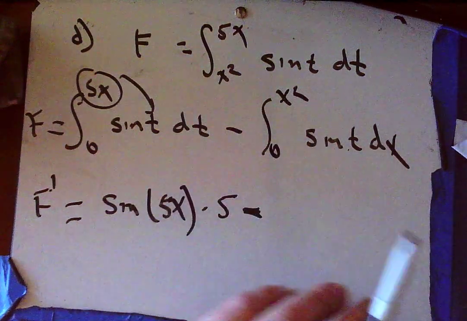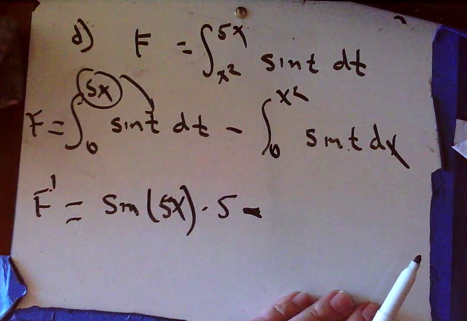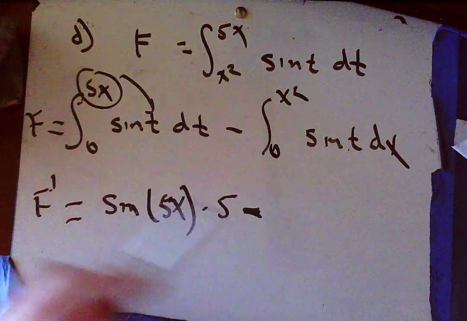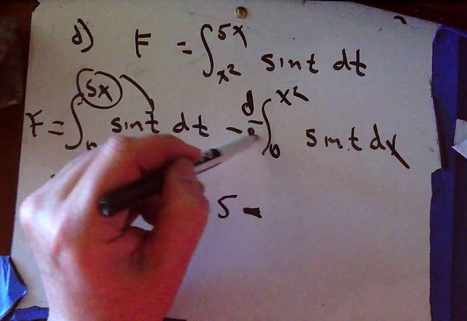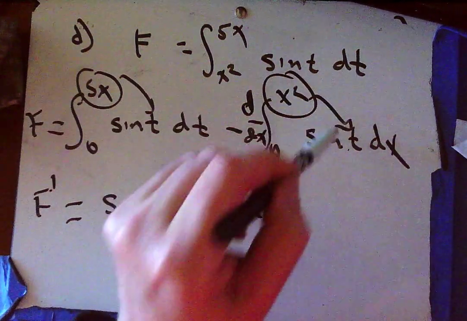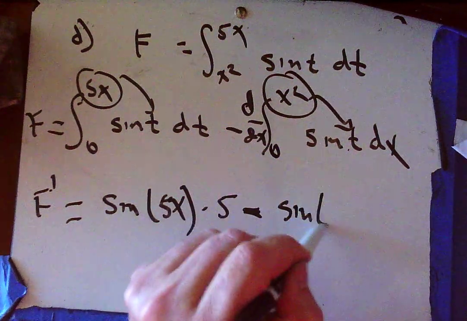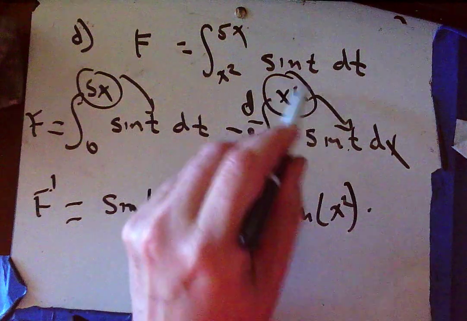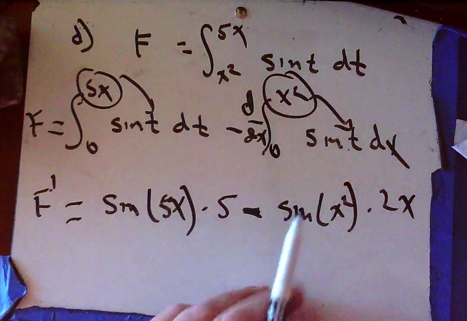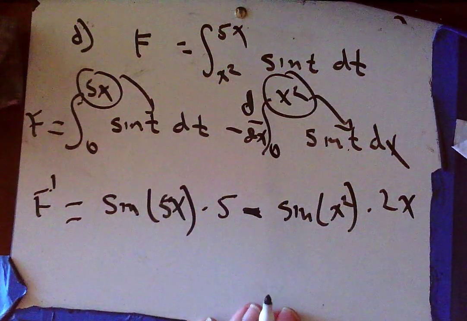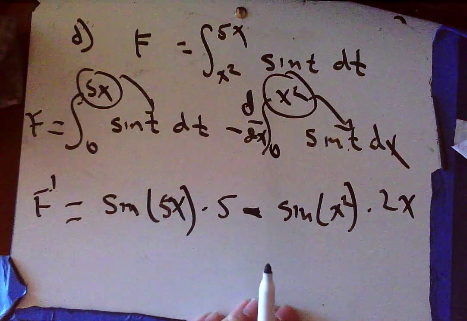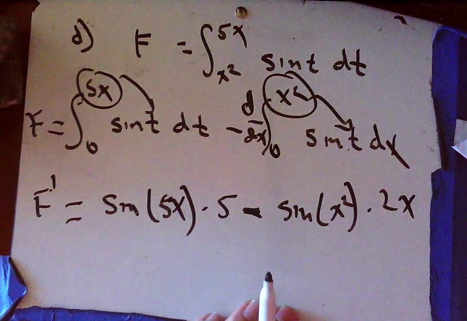There's no antiderivative because I'm taking the derivative of both sides. So we're going to have sine x squared times the derivative of that, 2x.